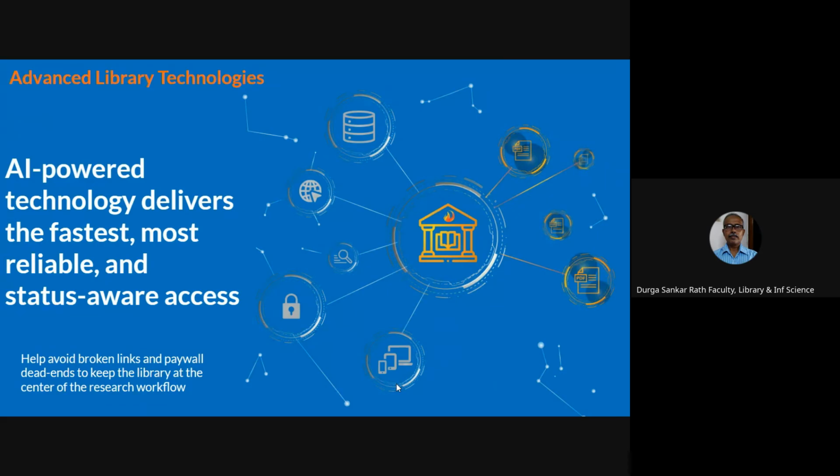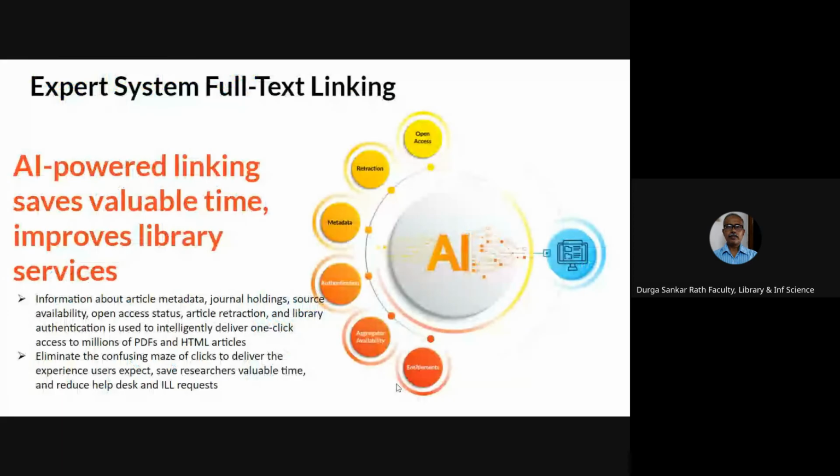We started our discussion from that only: nowadays AI has improved with the help of machine learning, of course, because machine learning helps us to train on the data set, so that from there uniformly we will get back the answer and most reliable and status aware access to it. Expert system full text linking is also essential. Artificial intelligence powered linking saves valuable time and improves library services.